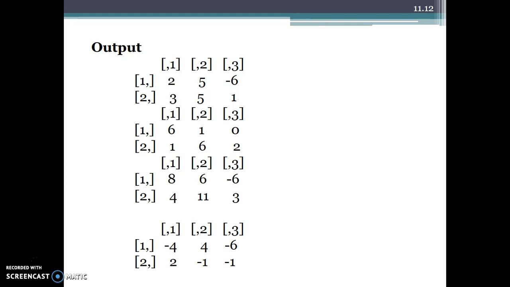We also look at the subtraction, where matrix 2's values are subtracted from matrix 1's corresponding values. For instance, we have 1, 1 in matrix 1, which is 2. We have 1, 1 in matrix 2, which is 6. So 2 minus 6 is minus 4, which is the result in the last matrix.